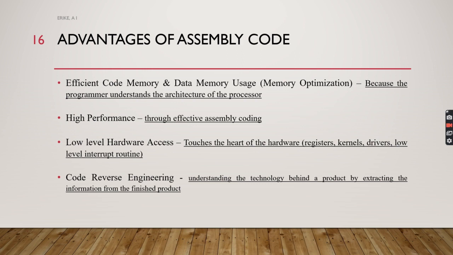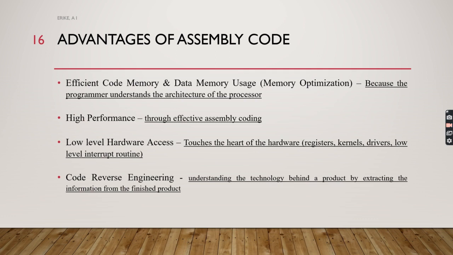Another advantage is code reverse engineering. What this means is understanding the technology behind a product by extracting information from the finished product. When you understand how something works, you can go back into understanding what went through before the finished product came.